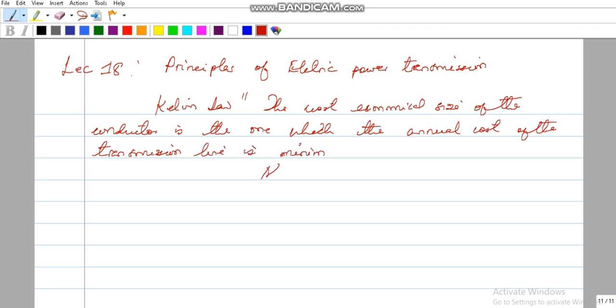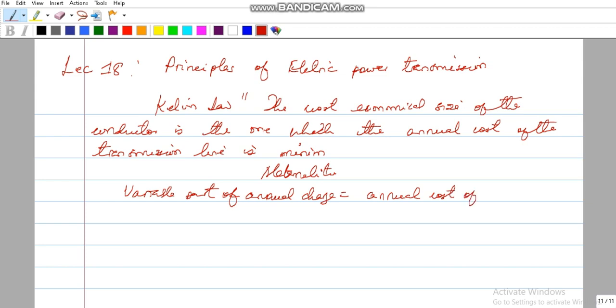ambapo alternative yake ilikuwa ni mathematical form ambayo tulisema kwamba variable part of the annual charge sana annual cost of energy wasted.